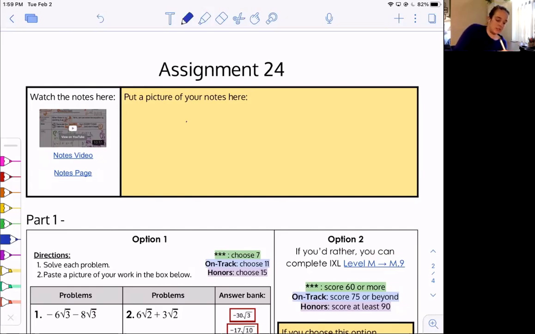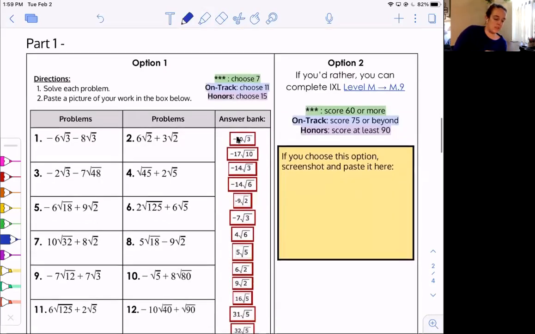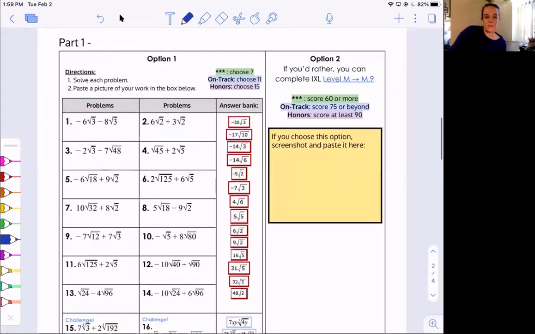The notes that we just took are going to go right here. You can put a link, a screenshot, whatever you need to put. Those are going to get you 10 points right away, so 10 quick points, easy peasy, already a quarter of the way done. Then our next section, you have 2 options.